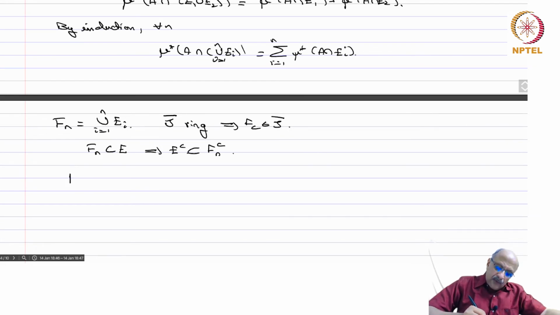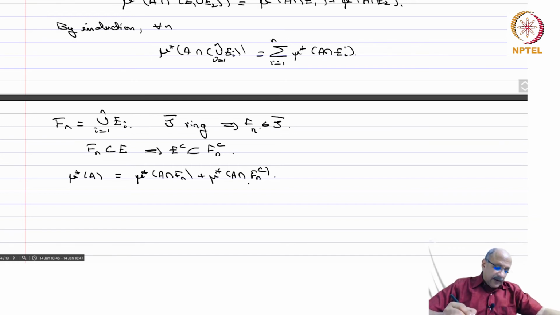So we now have mu star of A. Fn belongs to S bar, therefore mu star of A equals mu star of A intersection Fn plus mu star of A intersection Fn complement.